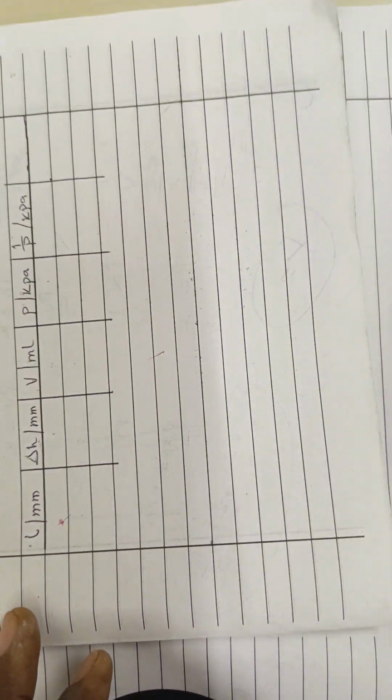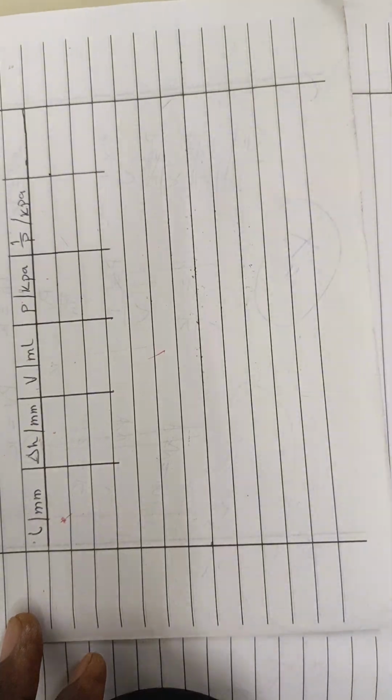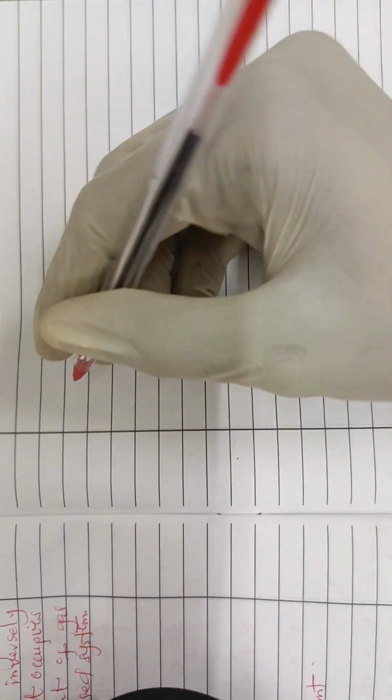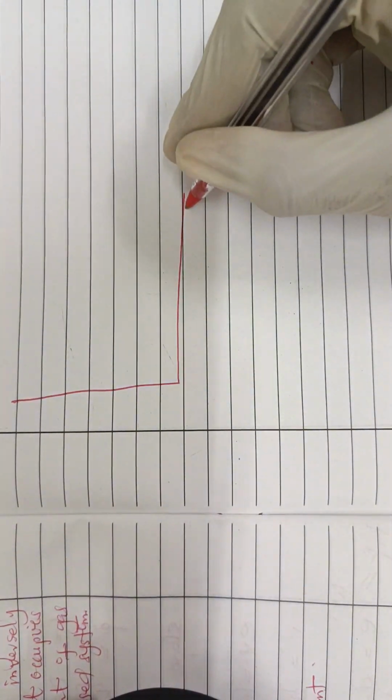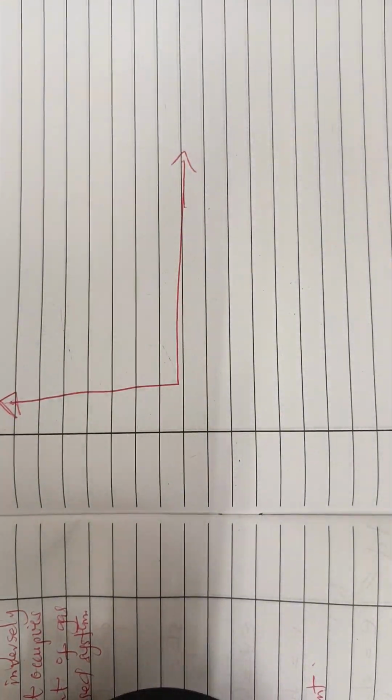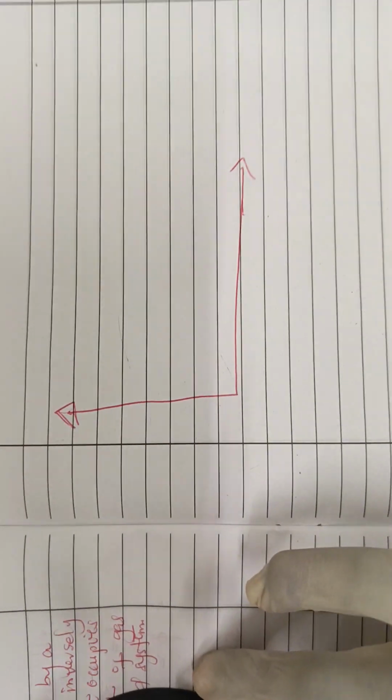Okay, now in doing that we are expected to get two graphs. So we are plotting two graphs. Okay, one graph that looks like this.